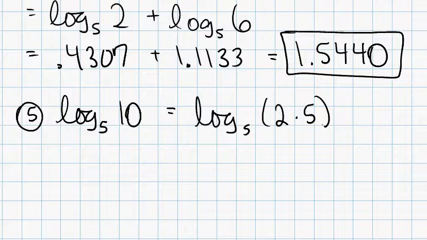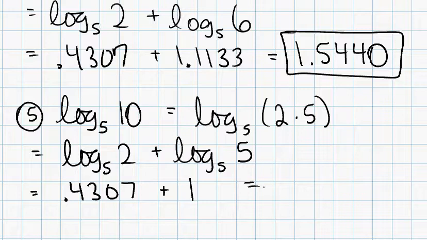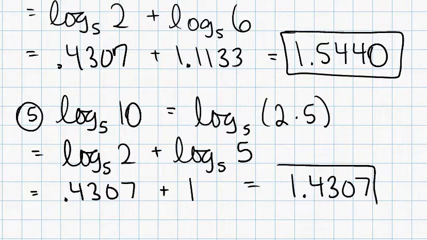So again, we're using the product rule, and we'll break it into log base 5 of 2 plus log base 5 of 5. And again, we fill in the decimals. Log base 5 of 2 is 0.4307. And log base 5 of 5 is 1. So the answer is 1.4307.